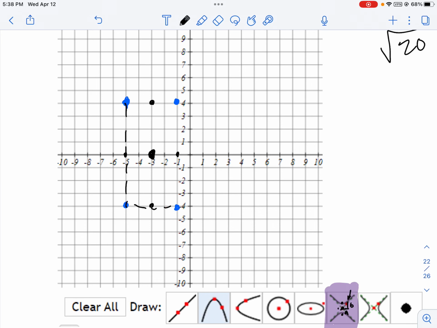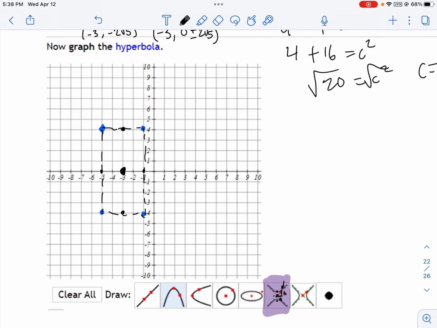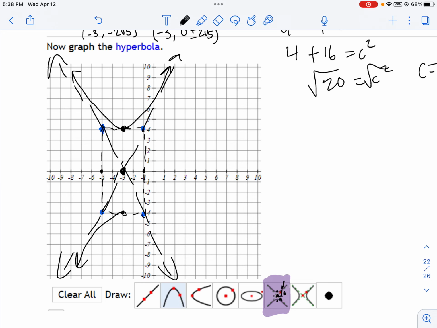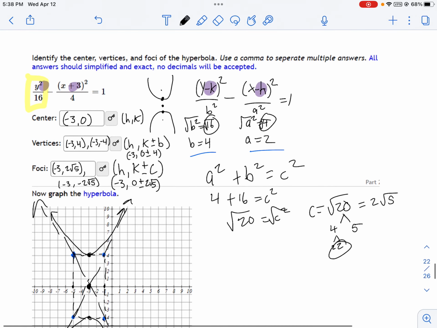So if you draw your box and connect the edges, those will be your oblique asymptotes. This is a very rough sketch, but it's fine. Then you go from your vertices closer to the asymptotes, but not actually crossing them. And this would briefly, vaguely look like your hyperbola for this equation.